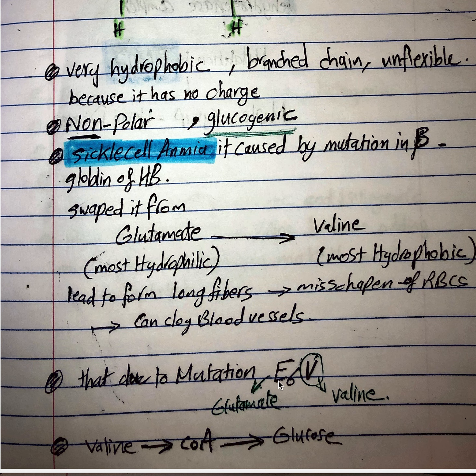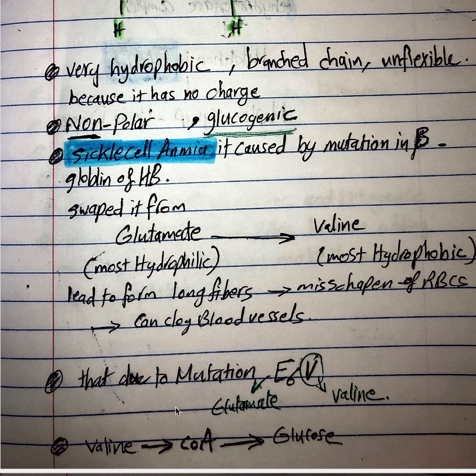So it is changed from glutamate to valine, from more hydrophilic to more hydrophobic, and that leads to formation of long fibers, and that misshapes the RBCs, and that leads to clogging of the blood vessels. So when there is a change in the shape of the RBC, there is more coagulation and abnormality in the body, and that leads to sickle cell anemia.